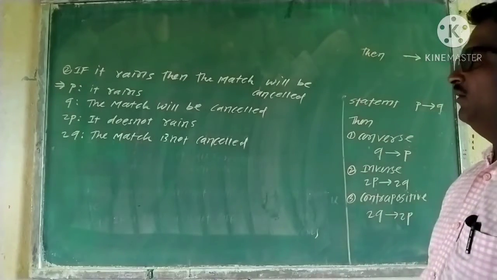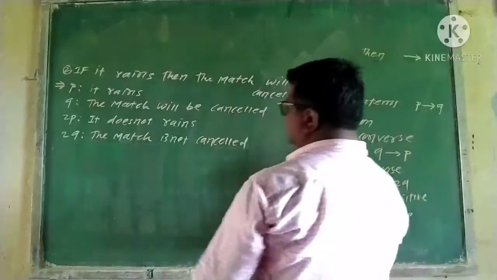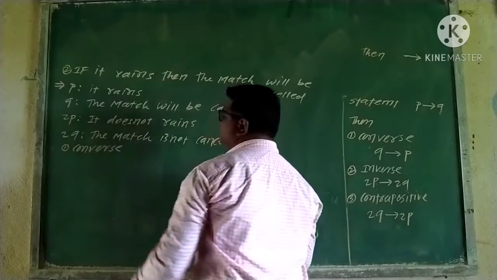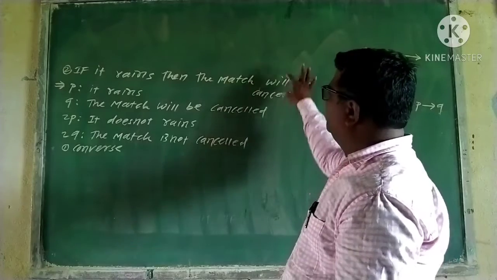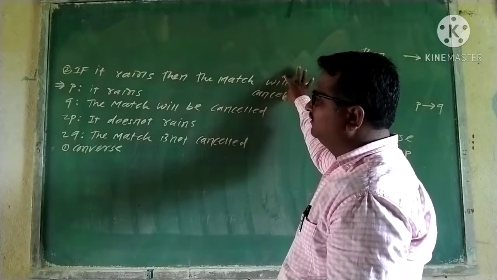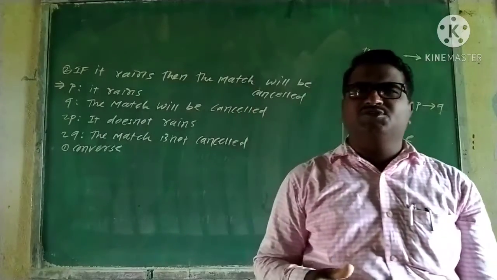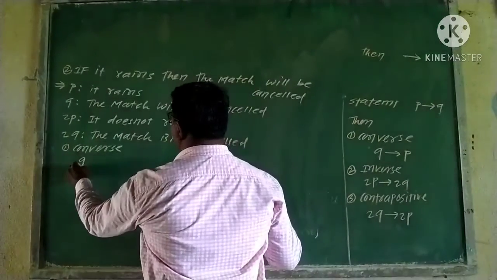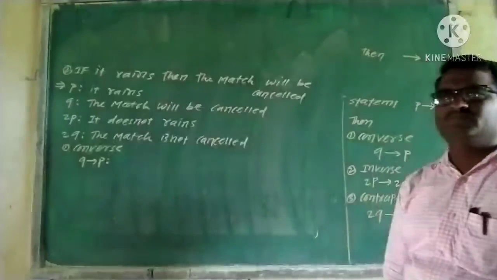Now here we have to find the converse, inverse and contrapositive. First we write the converse. If the given statement is the conditional statement P implies Q, then its converse is obtained by replacing the positions of the first and second statements, so its converse is Q implies P. This is the symbolic form.